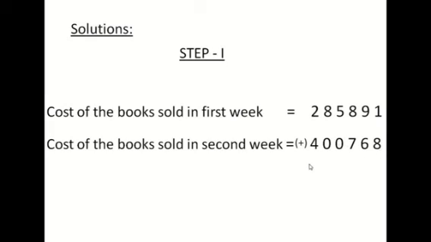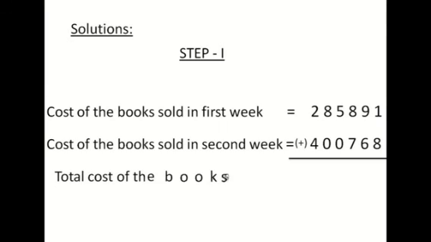Now you have to add. So try to find out by yourself. Do the addition. So total cost of the books sold, how much is it? Check the answer. I hope all of you have done correctly.